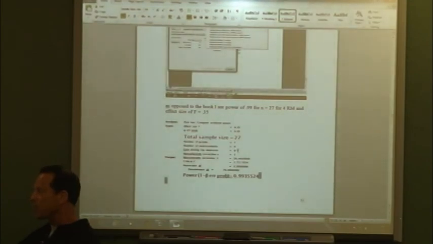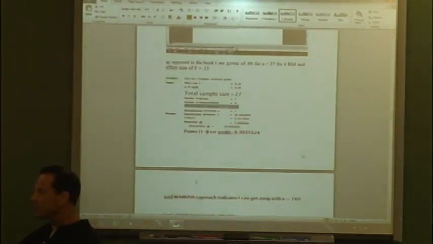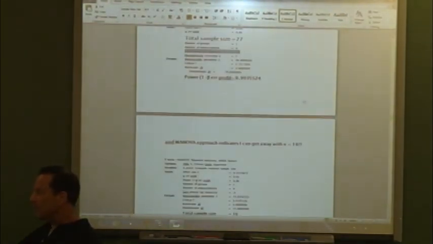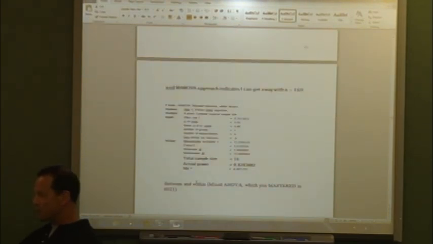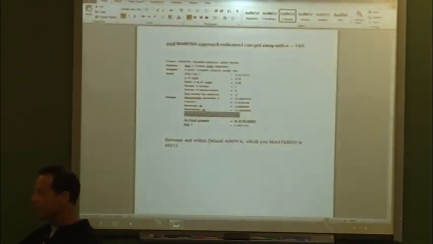And I put in an average correlation of repeated measures of 0.5. Which means I'm thinking that book may have been a little conservative. And the Manova approach indicates I can get away with 16 people, as low as 16. So there are ways that you can do this type of power analysis for between and within designs.